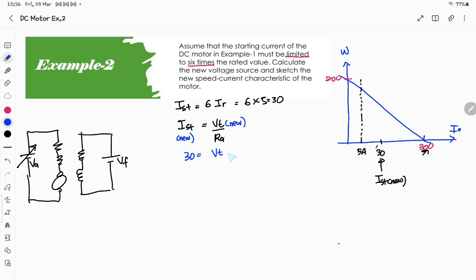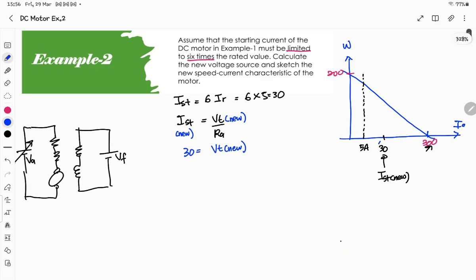So VT new is the one that we are looking for, and we have your Ra from the previous example, which is 2 ohm. Now rearrange the equation. 30 times 2, 60 volt. So with 60 volt you will have the new starting current here.